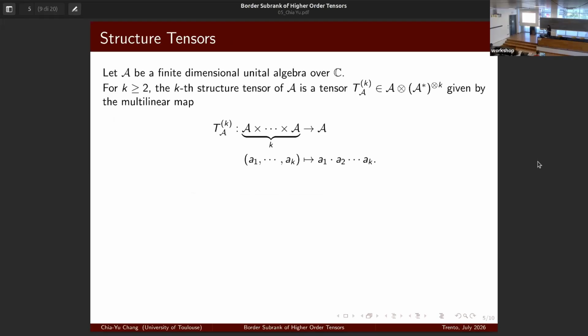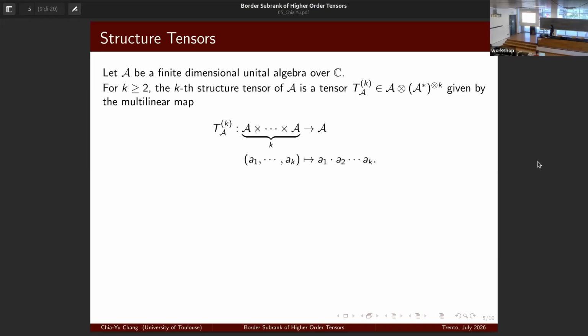Okay, now I want to talk about structure tensors of algebras. Let A be a finite dimensional unital algebra over the complex numbers. In our paper, we also study non-unital algebras, but in this talk, I will focus on this.